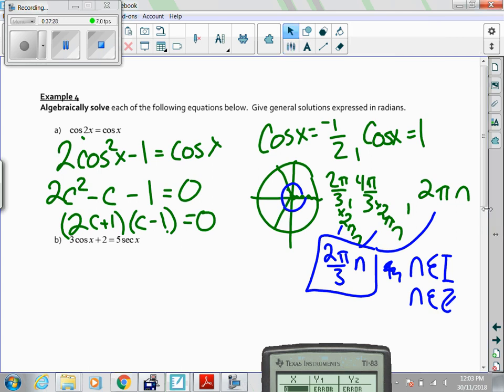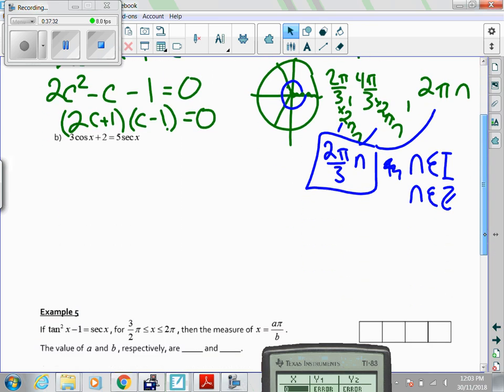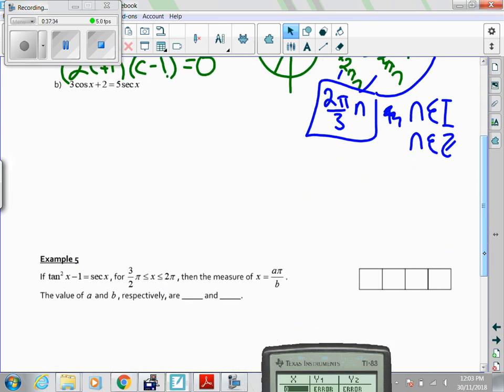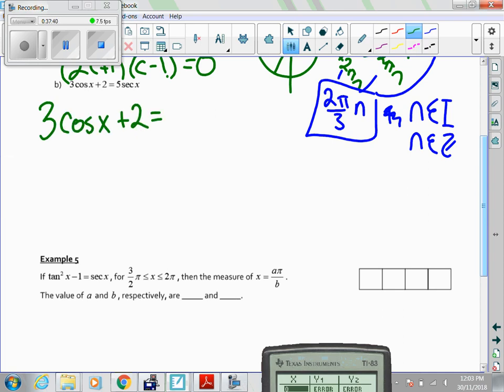Okay, next up. This one here, we're going to go 3 cos x plus 2 equals 5 over cos x, right? So I just flipped my secant into 1 over cos x. Now I'm going to get rid of the denominator by multiplying everything by cos x.